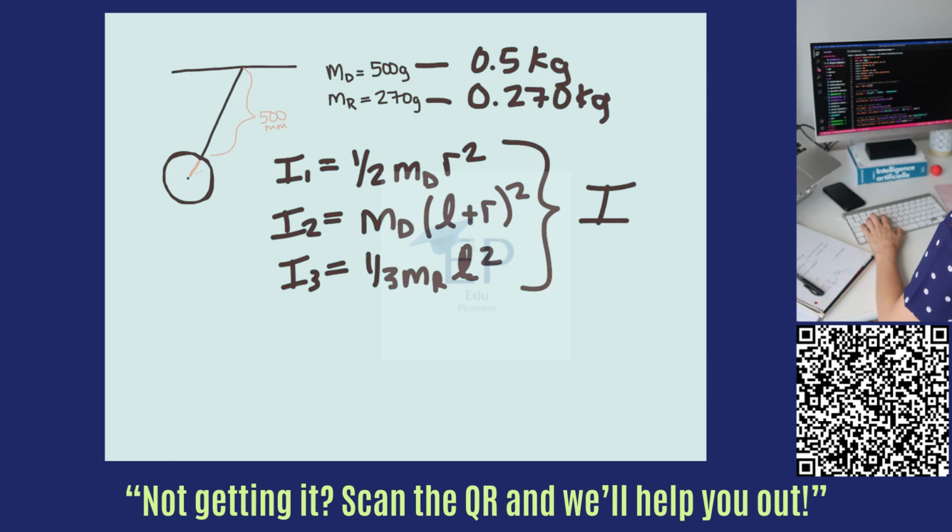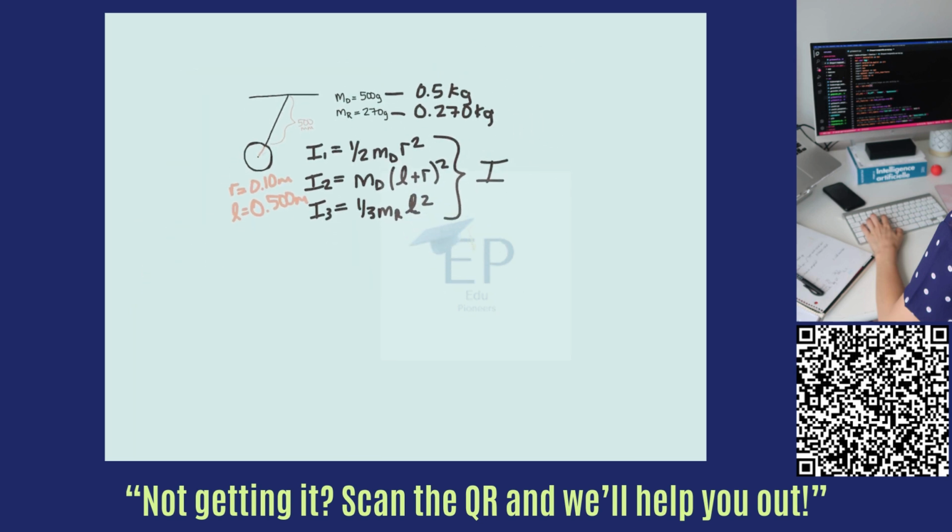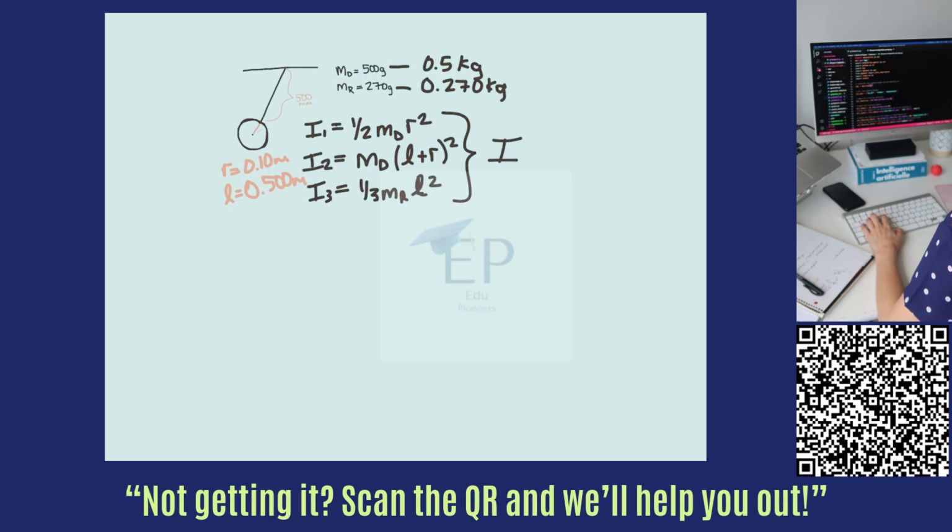So our radius is going to equal 0.10 meters, and the length of our rod is going to equal 0.500 meters.